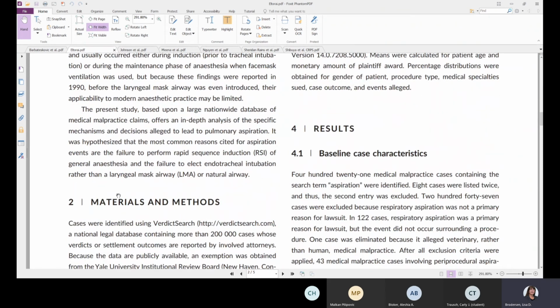Okay, so they get down here to telling you how they did the work and then what the results were. So in this results section, here's the primary source information that this article has to offer.